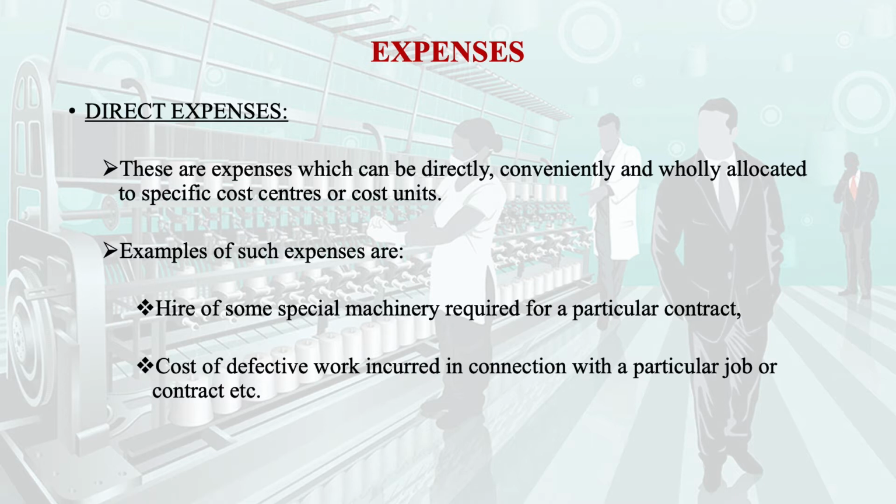Examples of such expenses are the hiring of special machinery required for an operation or for a particular contract. The cost of defective work incurred in connection with a particular job also comes under direct expenses.